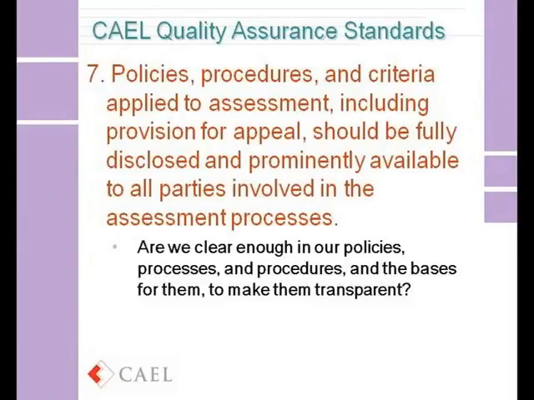It is important that the rules be comprehensive, explicit, and accessible. Every caution should be taken to avoid misleading statements that encourage unrealistic expectations. Question: are we clear enough in our policies, processes, and procedures to make them transparent?